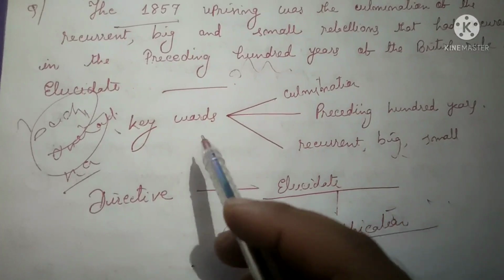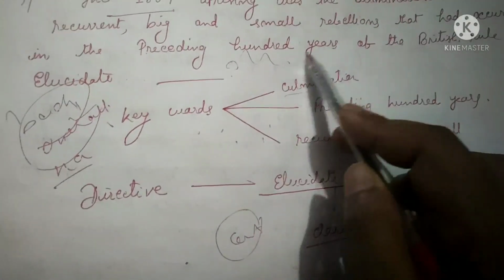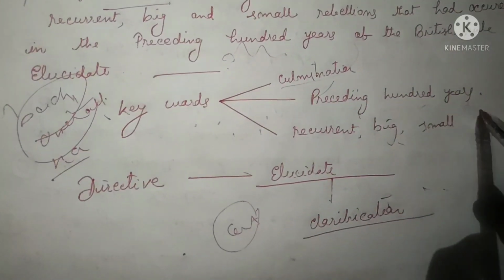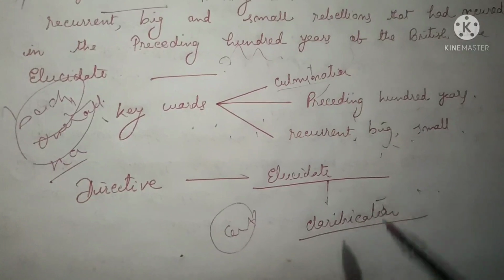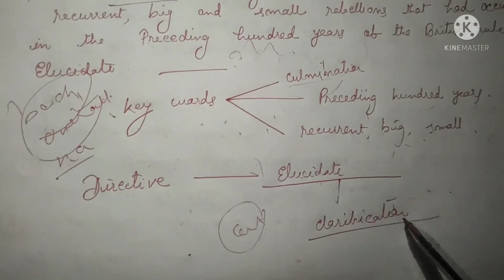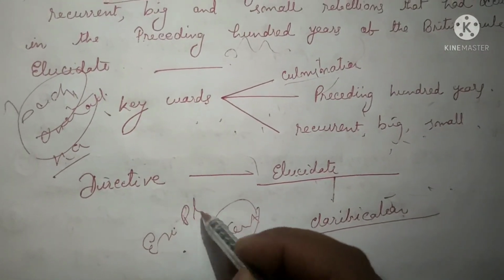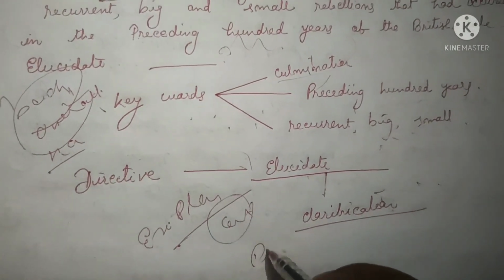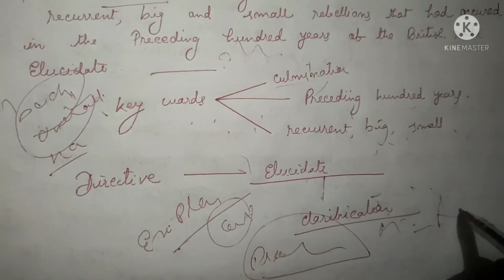So first we have to take notice of the keywords. Here the keywords are culmination, preceding 100 years, recurrent, big and small. The directive of the question is elucidate, which means clarification. Here you have to explain the answer with proper examples or give clarity with facts.